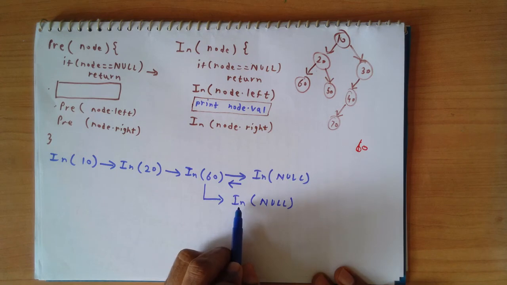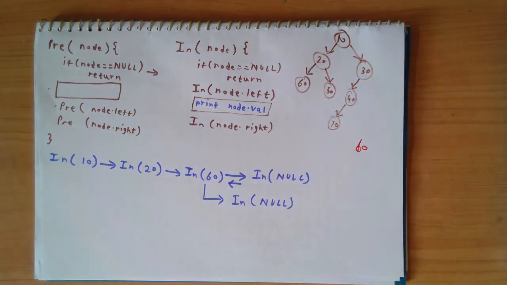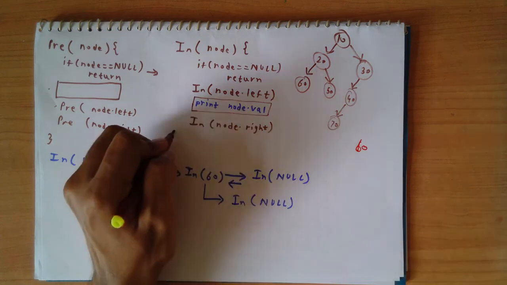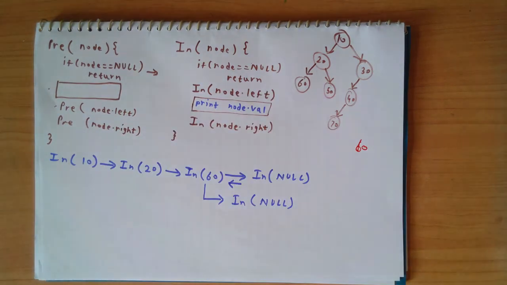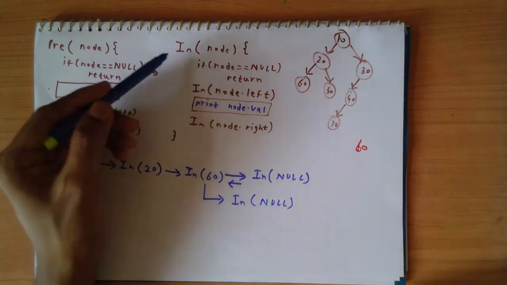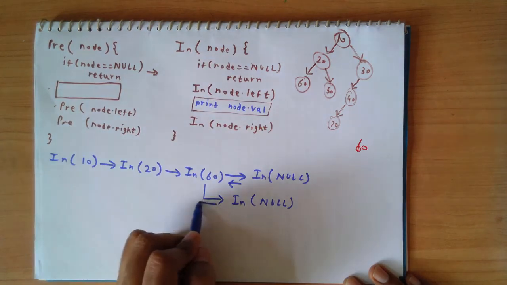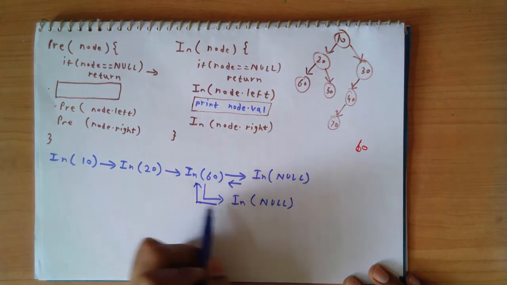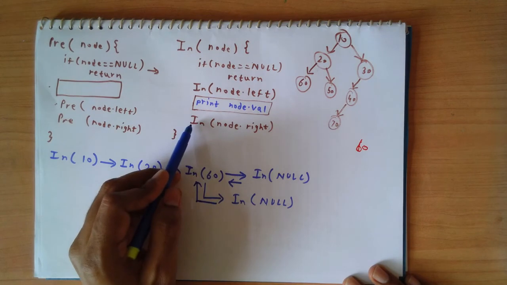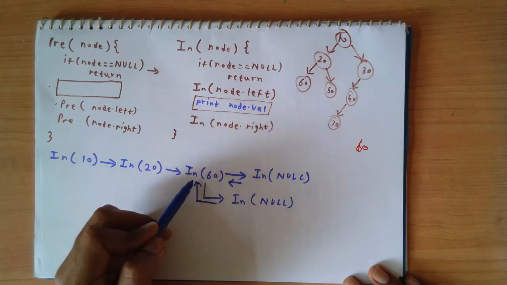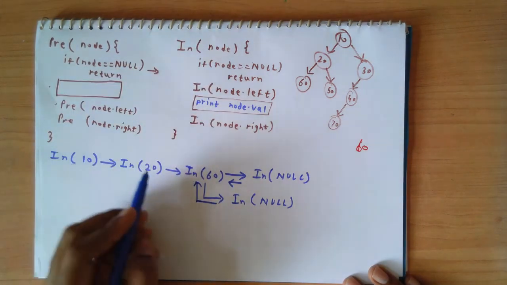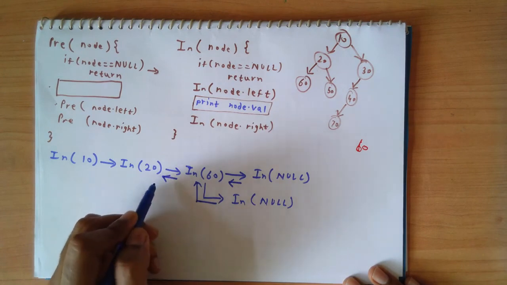It's a recursive call. The node is null. I check if the node is null. Yes, it is null, so I return, and nothing is done, so I come back. And we had come to this call as the last statement in the call of 60, so this will complete the call for 60 and return back to 20.